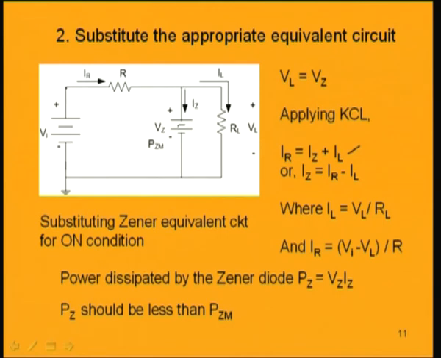So, P Z equal to V Z, the voltage across this Zener diode, and current flowing is I Z, V Z into I Z will give you the power dissipated in the Zener diode, and it should be less than the maximum power dissipation capability of the Zener diode, which is equal to P ZM. P ZM is defined. What will be that value? You know that. So, P Z should be less than P ZM.